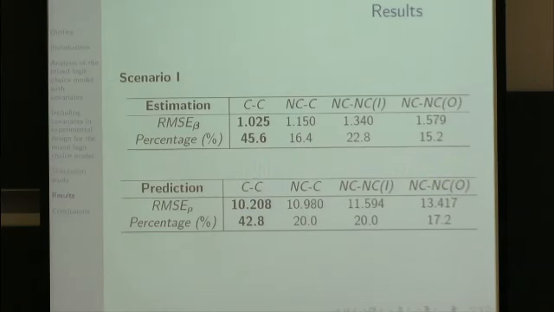Now here are the results, here are the performance measures. Now it's quite clear that the CC approach, which incorporates the covariate information both in design and estimation of the mixed logit model, is clearly the best approach. It outperforms the 3 remaining approaches for all performance measures.